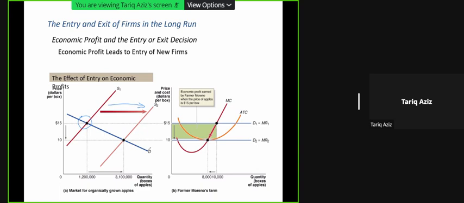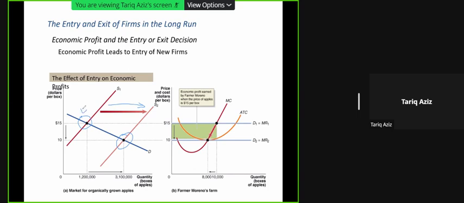The demand from consumers is constant, but new firms have entered into the same business. Initially there were maybe 5-4 companies, but now 5-4 companies have entered more in the same industry. What will happen? The supply curve will shift rightwards, and now the new equilibrium will be this one.